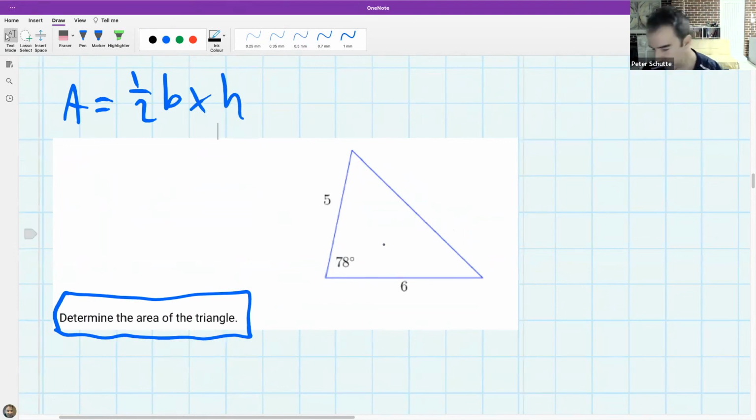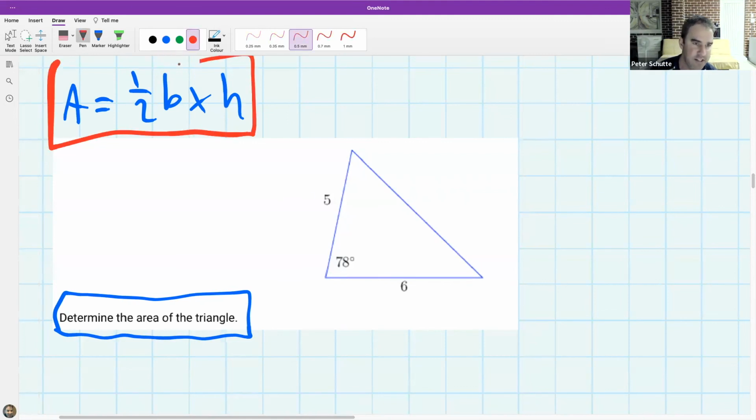But now what happens if grade 11 comes along and gives you a triangle like this? How would you find the area of this triangle? Can we still use the formula that David gave us earlier in the lesson that we learned in grade 9 and 10? Or what are we missing?